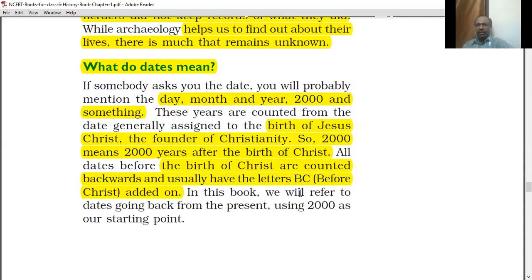And we see that these years are counted from a date generally assigned to the birth of Jesus Christ. 2020 means our world has existed only 2020 years. Before that, no year was there. No, there was a year, but we want a common date throughout the world so that historians from various countries commonly understand and agree.